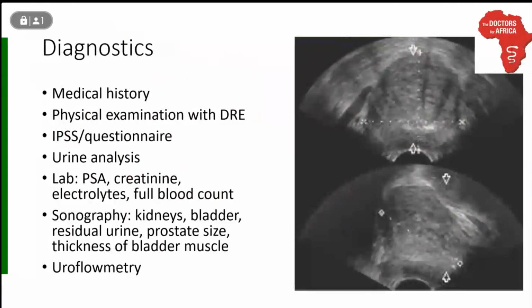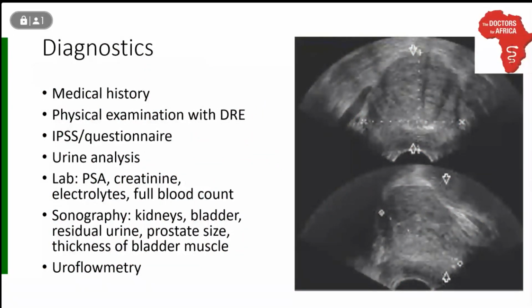Diagnostics. We ask for the medical history and do a physical examination with digital rectal examination. There are questionnaires rating the symptoms. We do a urine analysis and laboratory tests with PSA, that is prostate-specific antigen. We do the creatinine, electrolytes, and a full blood count.